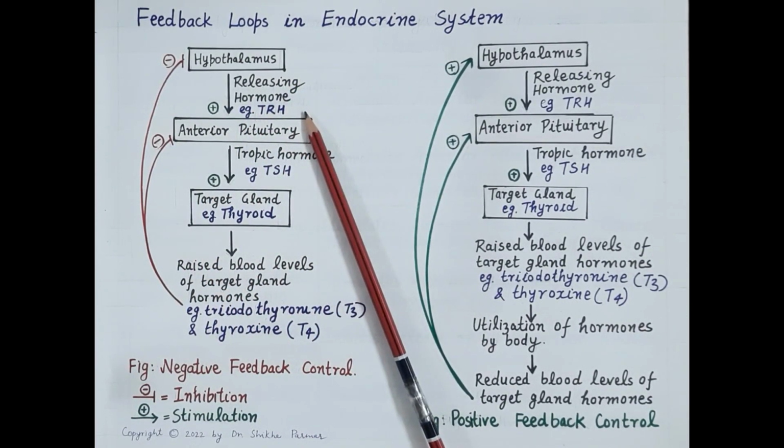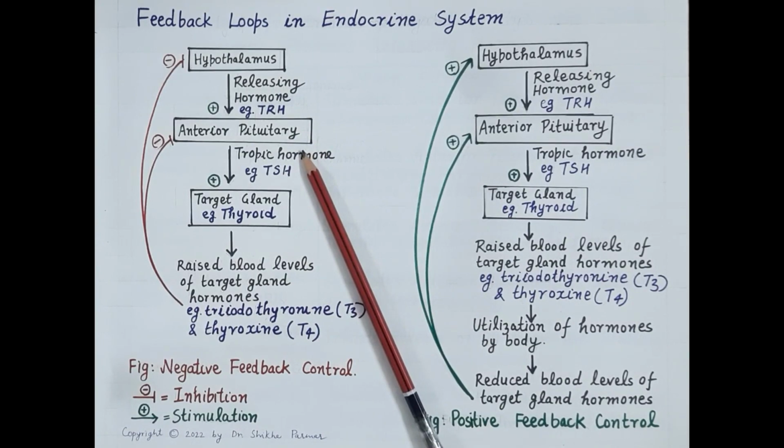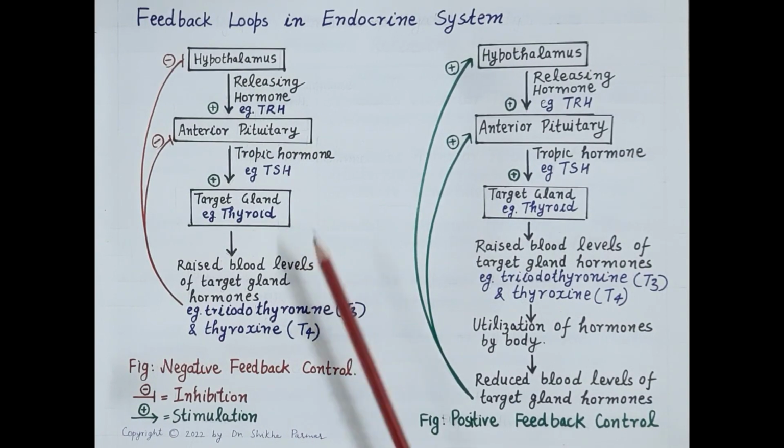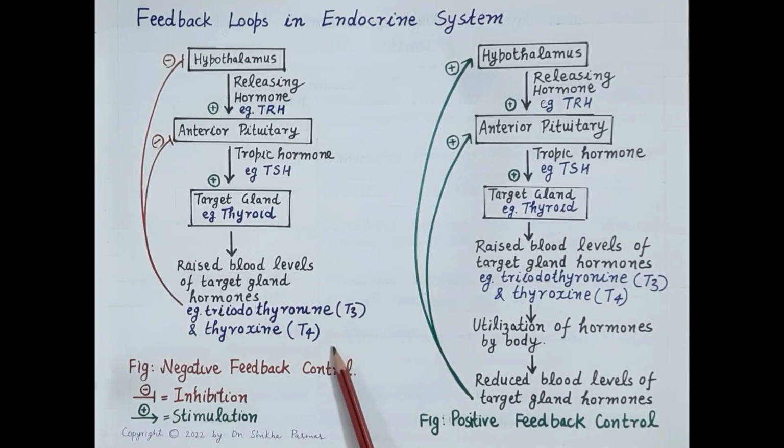Release of TRH, that is thyrotropin releasing hormone, from hypothalamus reduces, which further reduces secretion of TSH, that is thyroid stimulating hormone, from anterior pituitary. This causes reduced stimulation of thyroid gland and less secretion of T3 and T4, and thus initially raised blood levels of T3 and T4 reduce, and thereby the levels of T3 and T4 in the blood become normal.